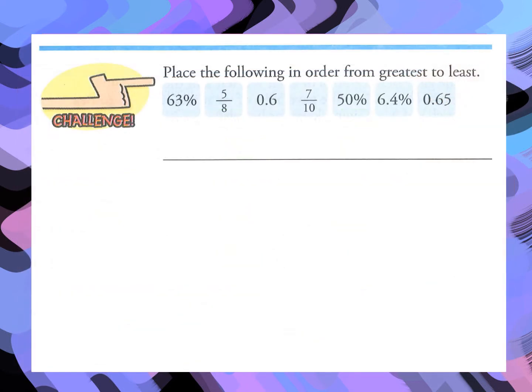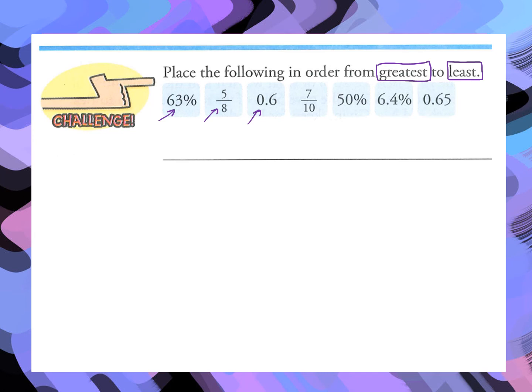Place the following in order from greatest to least. So please note that this is greatest to least, not least to greatest. Also notice that you have percents, fractions, and decimals. So in order to put these numbers in order, you need to make sure that they are all in the same form. So they either all have to be percents, or they all have to be fractions, or they all have to be decimals.